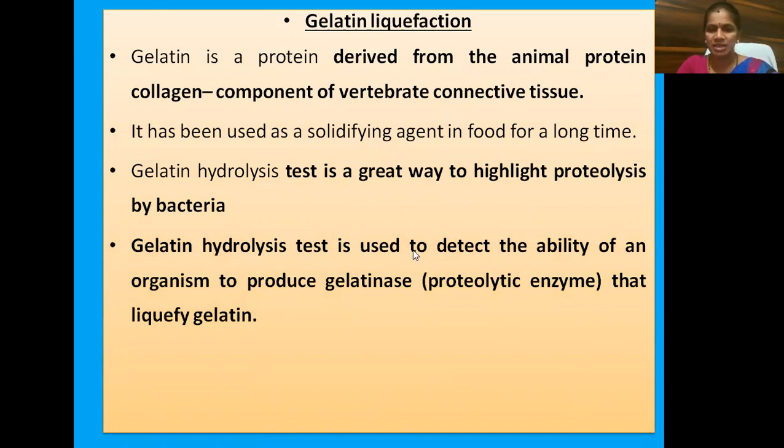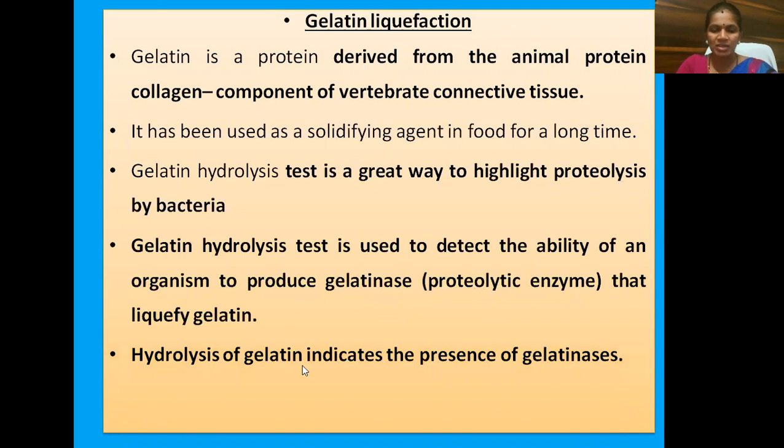It is used to detect the ability of an organism to produce gelatinase that liquefies gelatin. It means that if the organism hydrolyzes the gelatin, the gelatinase enzyme, a proteolytic enzyme which can lyse protein, is present in that microorganism. Hydrolysis of gelatin indicates the presence of gelatinases.